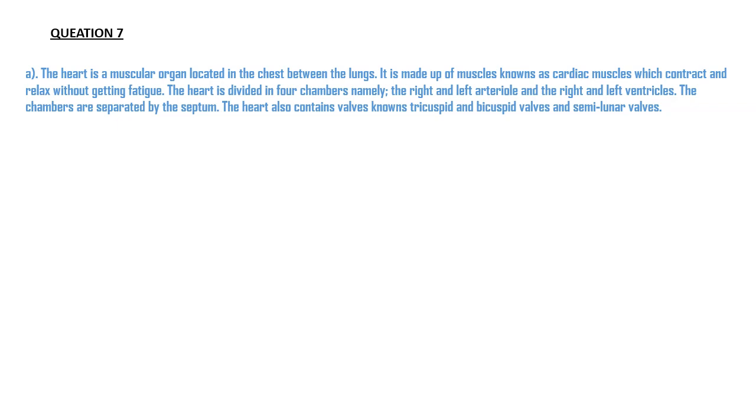The heart is divided into 4 chambers, namely the right and left atria and the right and left ventricles. The chambers are separated by the septum. The heart also contains valves known as tricuspid and bicuspid valves and semi-lunar valves.